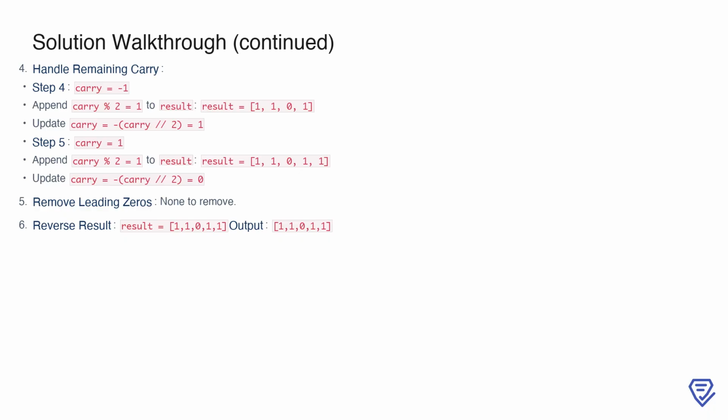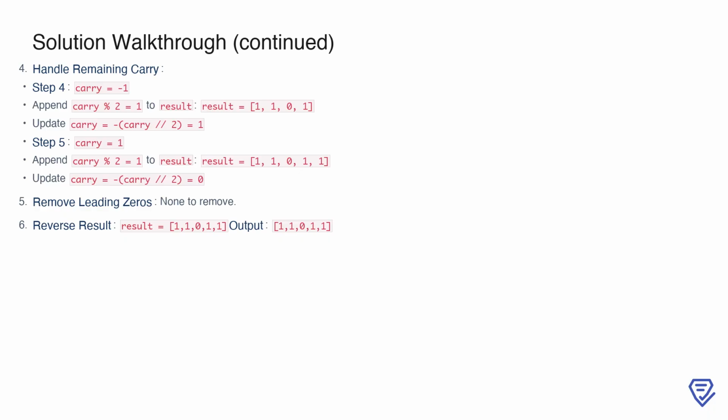The carry is then updated to carry equals -(carry // 2) equals 1. Now, with carry equals 1, we append carry % 2 equals 1 to result, resulting in 1, 1, 0, 1, 1. The carry becomes 0, so we proceed to the next steps. There are no leading zeros to remove, and reversing the result gives 1, 1, 0, 1, 1.